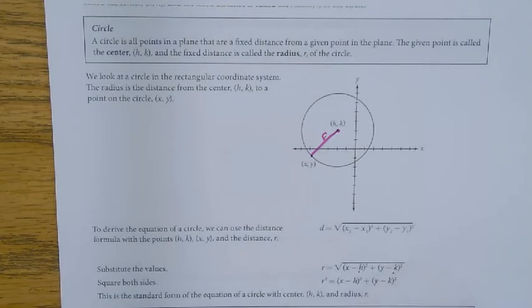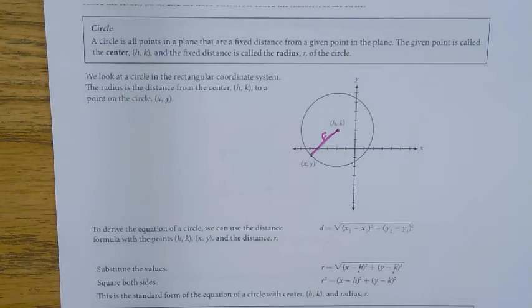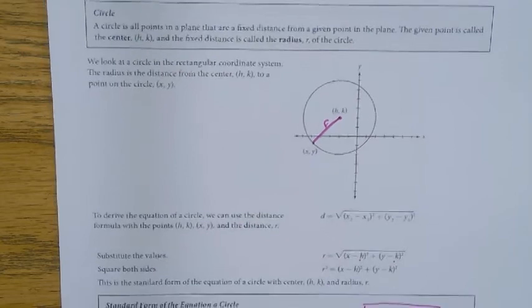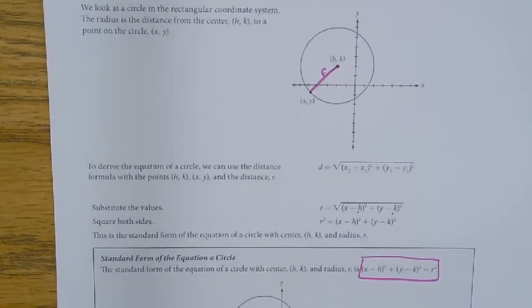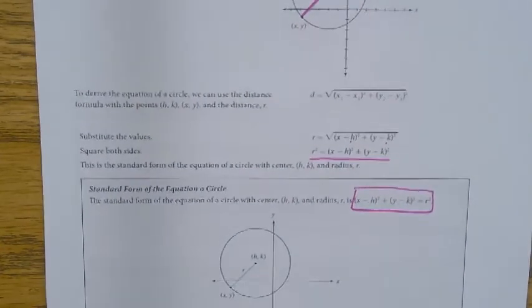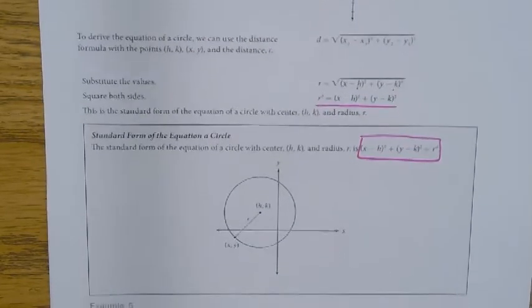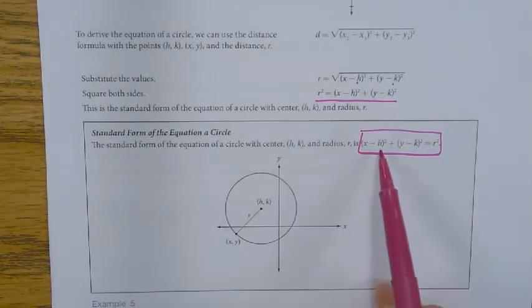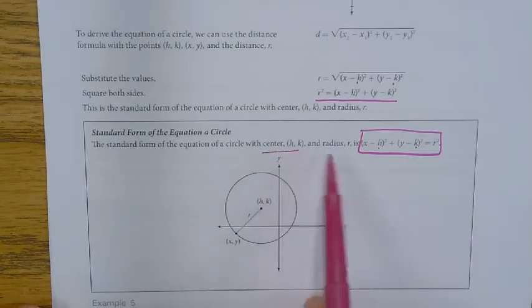Get rid of the square root by squaring both sides, and we come up with the standard form of a circle, which is that right there, which is also in our definition down here below. So that tells us some things, right? It tells us what the center is. The center is at HK, and it tells us what the radius is.